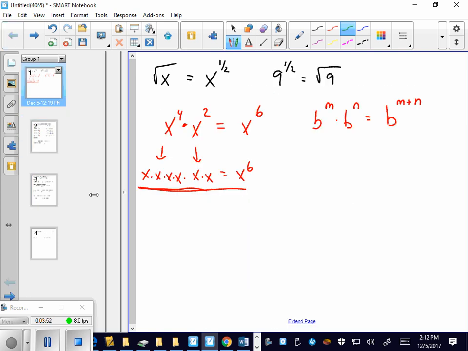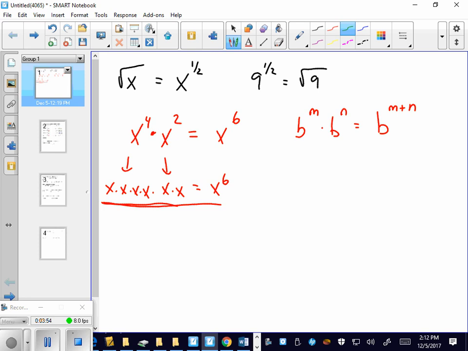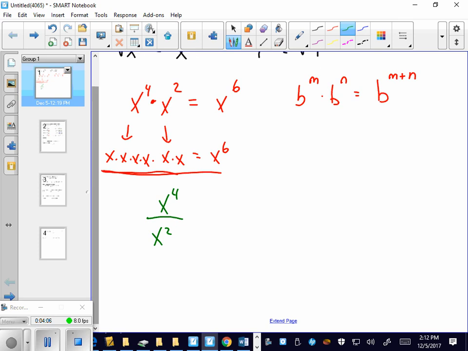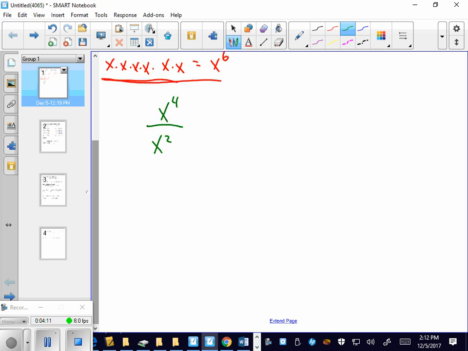Okay, sorry about that. Likewise, if we have division, so let's say it is x to the 4th divided by x squared. Well, actually that's a bad example. Scratch that. Let's do x to the 6th divided by x squared.